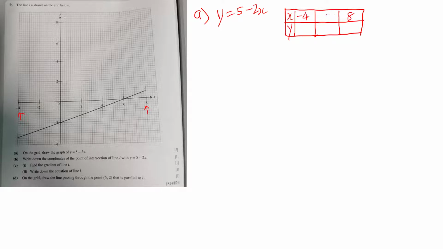And I always like to pick 0 as my middle number, because 0 is here and I can easily substitute 0 down here and find the value of y. So I got one coordinate already, (0, 5), which is down here.